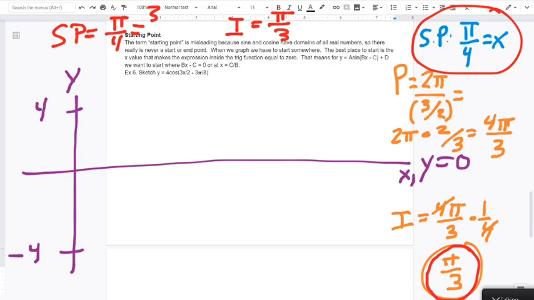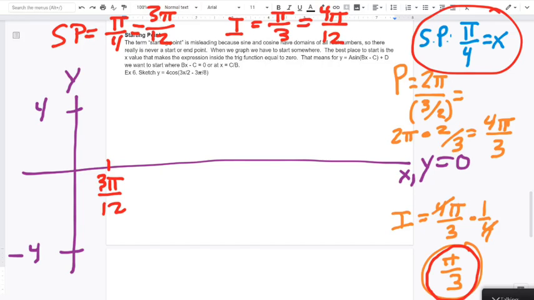So this is 3 pi over 12, and pi over 3 is going to be 4 pi over 12. Now I could start here at 3 pi over 12. That's my starting point. And then every 4 pi over 12, I'm going to plot another point.